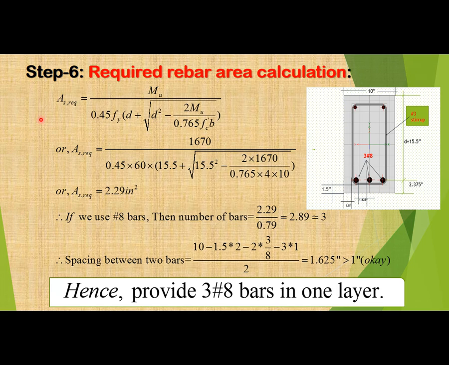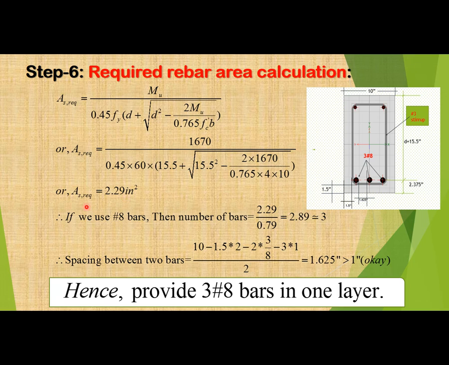As required is given by Mu divided by 0.45 fy times d plus root over d square minus 2 Mu divided by 0.765 f'c b. You have to memorize this formula. You have all the values: the value of d, the value of Mu, the value of b, and f'c. Just put all these values and solve by calculator, we get As required equals 2.29 inch square.